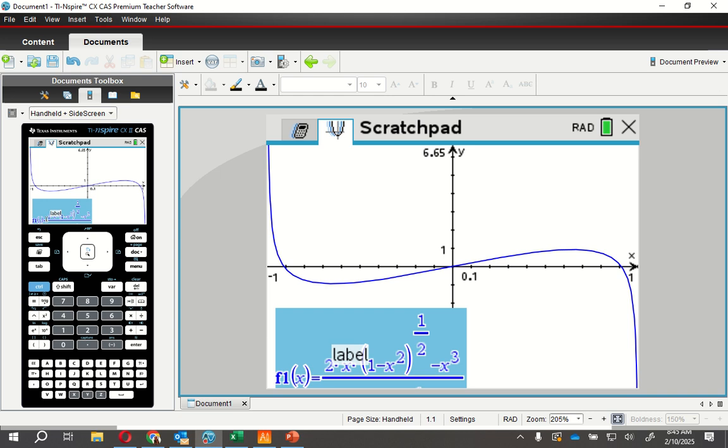Okay. So what were the questions on this one? I got concavity, points of inflection. Now, points of inflection. When we took the derivative, we found where the derivative is equal to 0, right?